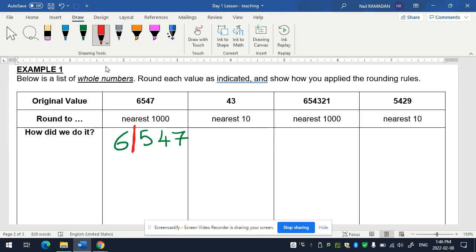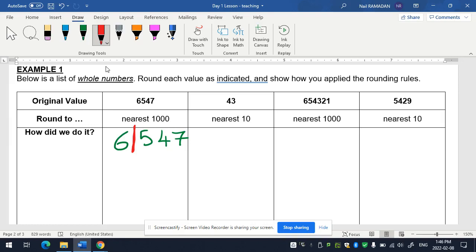Can someone tell me what's the digit right next to the line? What is it? 5. What does the rule say if the digit after the line is 5, 6, 7, 8, or 9? Exactly. This number goes up. And all of these numbers become what? Zeros.